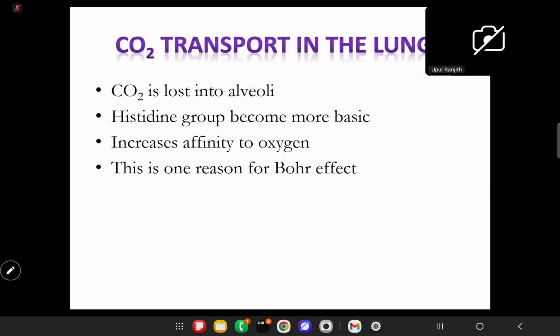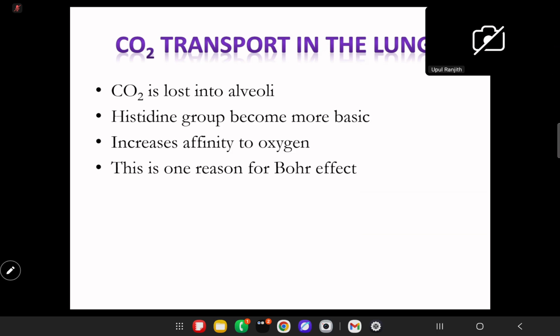So now we will come to the carbon dioxide transport in the lung. So actually the exact opposite thing happens in the lung, right? When you compare with what is happening at the tissue level, the opposite reaction takes place in the lung. So carbon dioxide is lost into the alveoli. The histidine group becomes more basic.